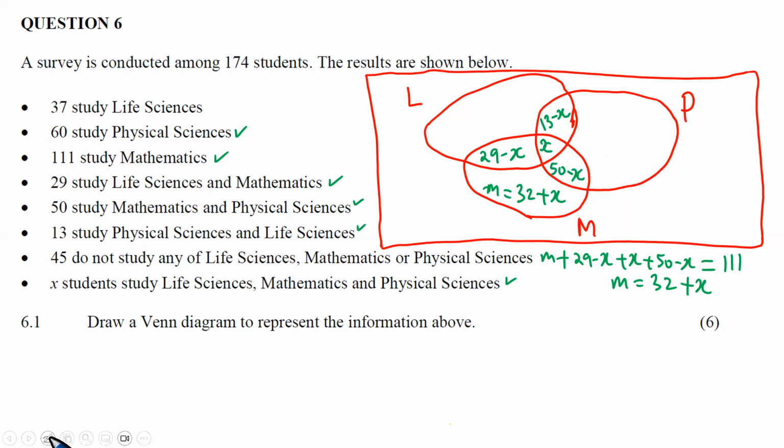So we're going to call this lowercase p, so that you're going to have 13 minus x plus x plus 50 minus x plus p. It must give you the total for physical sciences, 60.